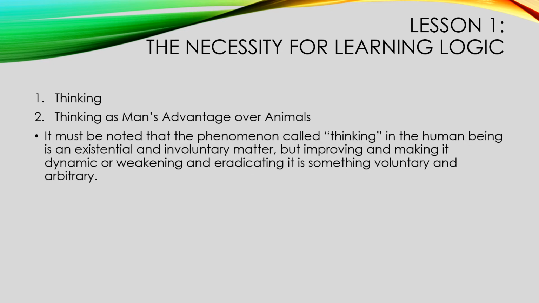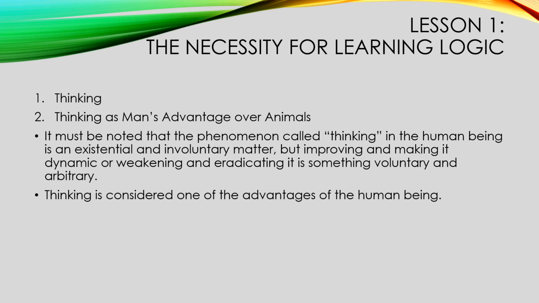And when we talk about man's advantage over animals, it must be noted that the phenomenon called thinking in the human being is an existential and involuntary matter. But improving and making it dynamic or weakening and eradicating it is something voluntary and arbitrary as well. And thinking is considered one of the advantages of the human being.